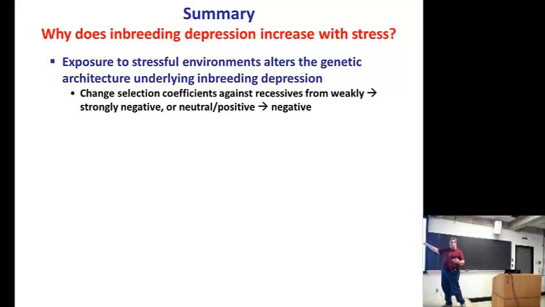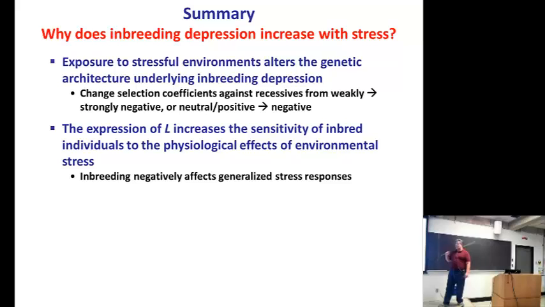You can have a change in selection coefficient across environments from weak selection against recessive alleles in benign environments to strongly negative selection in stressful environments, or even alleles under positive selection in benign environments being under negative selection in stressful ones. There's a little experimental evidence supporting this, but I don't know that there's a good population genetic argument for why you should have directionality in the change in selection. Michael Torelli is here, so maybe he'll tell me I'm wrong on that, and I hope not.